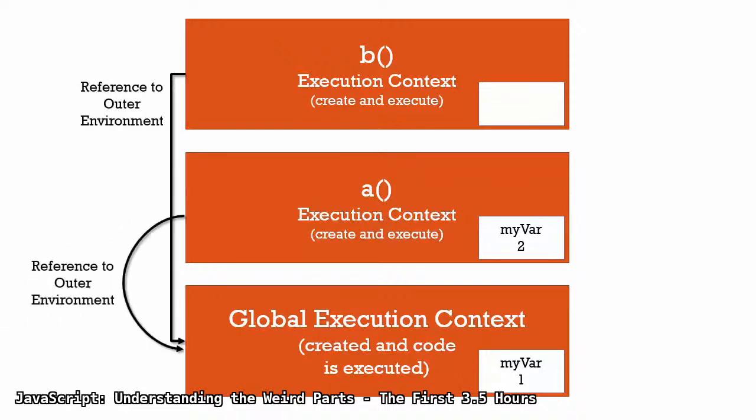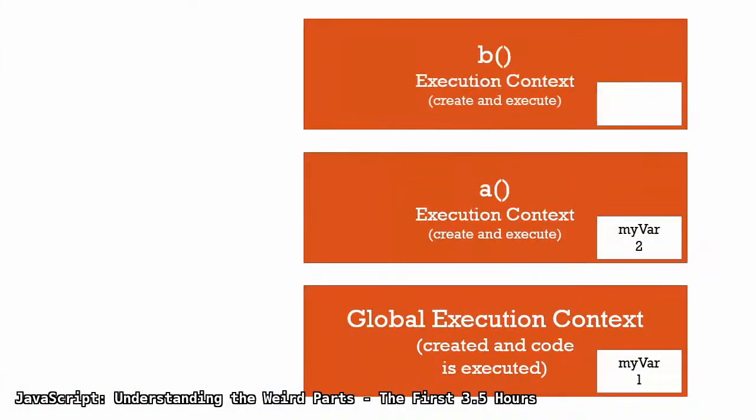And so is A's. In JavaScript, when I asked for my var inside that B execution context, it couldn't find it. And so it went down and found it in the global execution context. So again, these execution contexts are created, and it doesn't matter where the code is physically written, where these functions are physically written in regards to when these execution contexts are created.